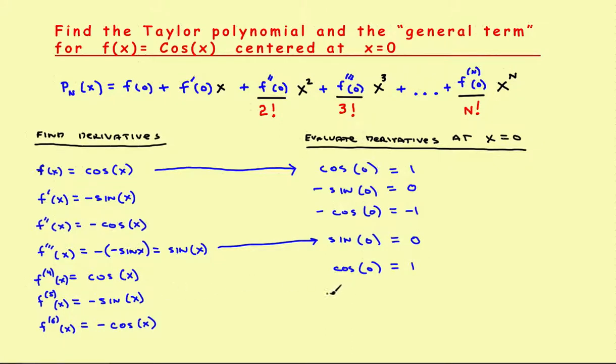Then I've got the negative of the sine of 0. And the negative of the sine of 0 is 0, so if you make it negative, it's still 0. And then finally, you've got the negative of the cosine of 0. And the cosine of 0 is 1. To take the negative of it, you get a negative 1.